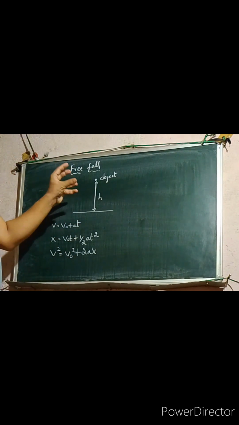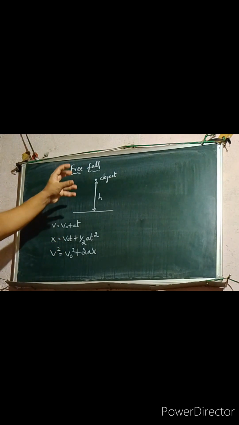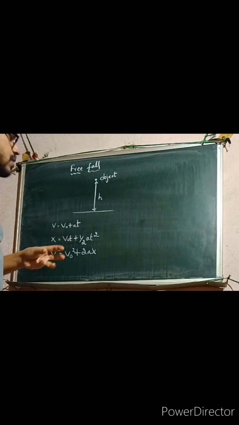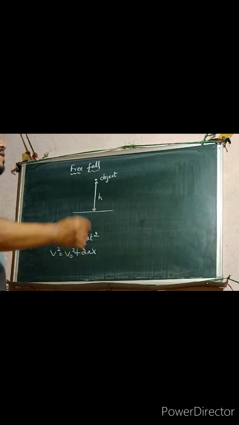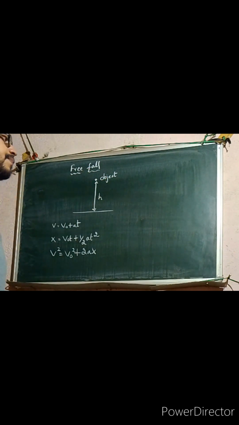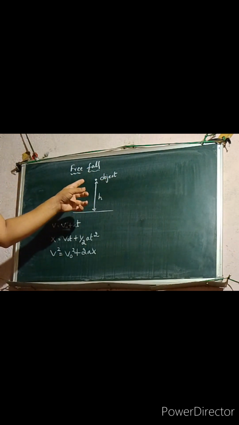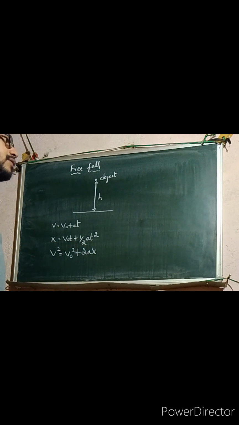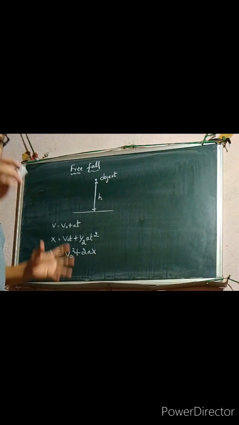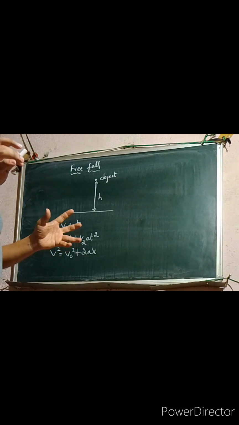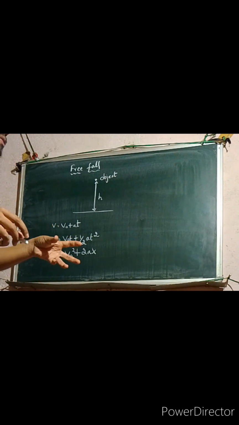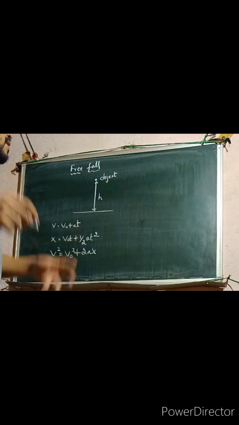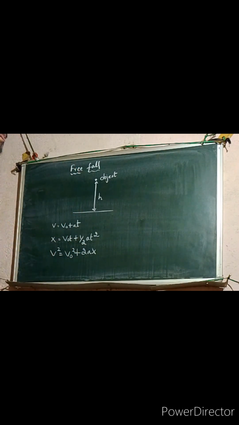So considering this particular situation and applying the conditions in these three equations, let us understand what I will get. Here, when the object is falling down, you should know that the acceleration of the object is due to the acceleration due to gravity of the earth, acted upon the object by the earth.